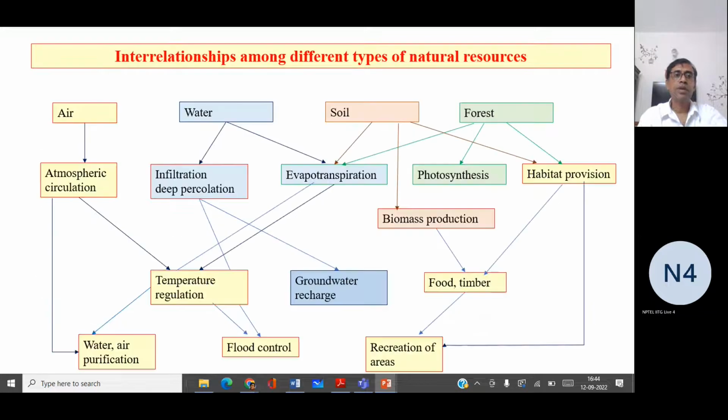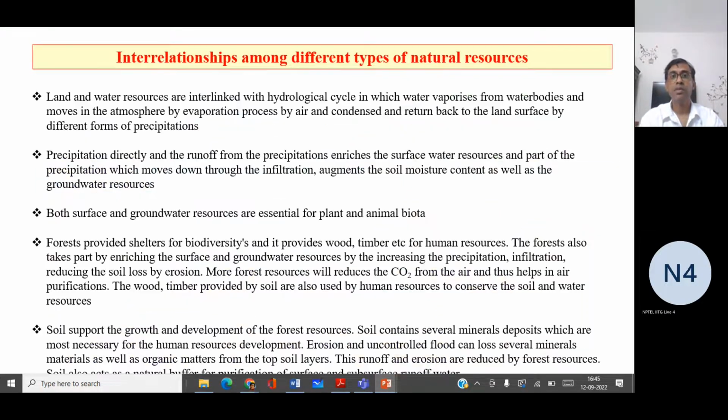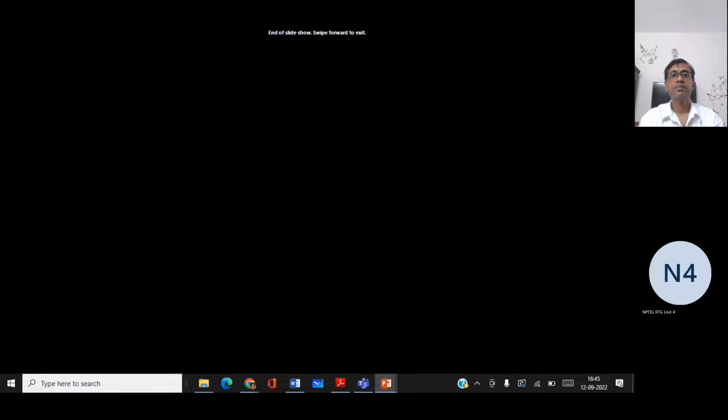So there are various other interrelationships that we discussed among different types of natural resources. Here, water, soil, forest. I'm sure all of you are able to recall this topic that was discussed in the very first few weeks.